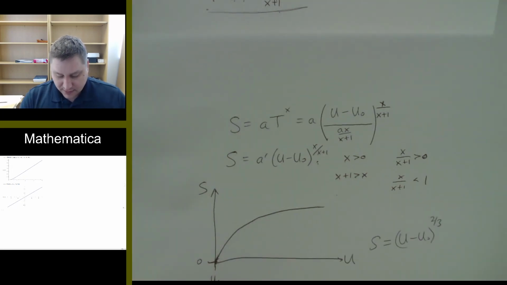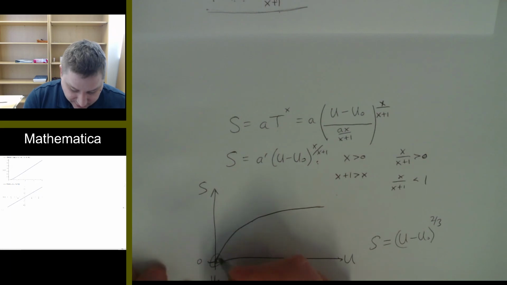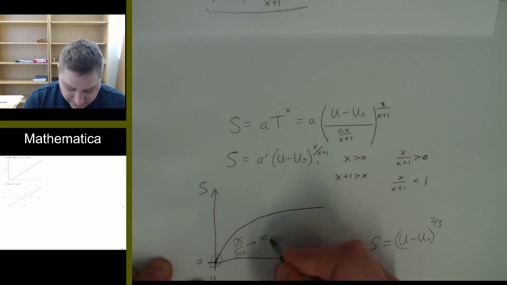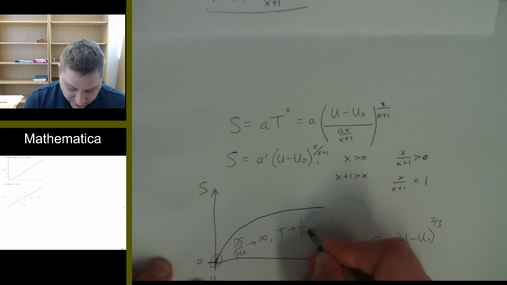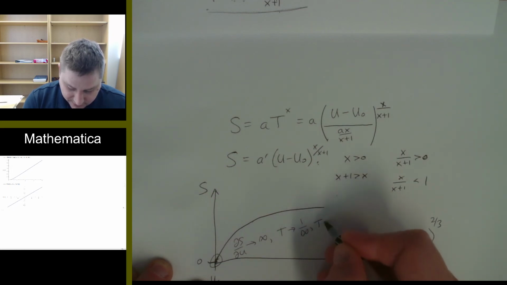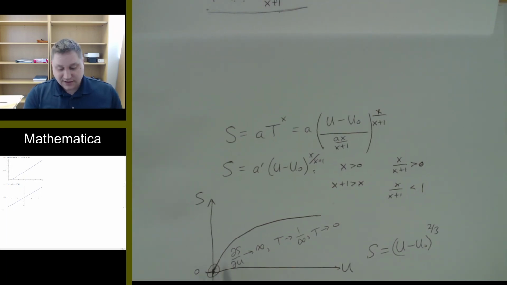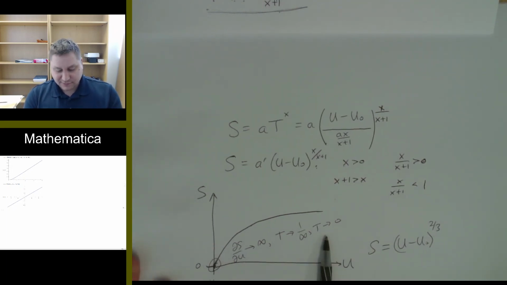Okay. So what that means is ds/du approaches infinity, and so T approaches 1 over infinity, T approaches 0. So it's all consistent. As the slope gets extremely large, the temperature gets extremely small.